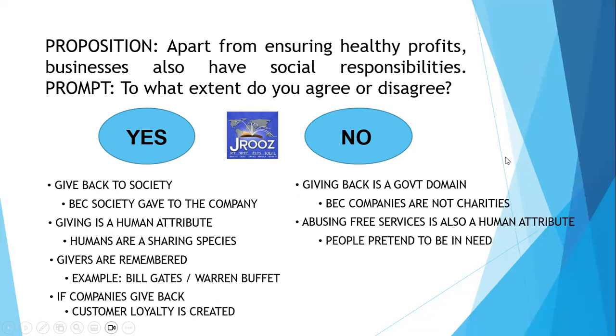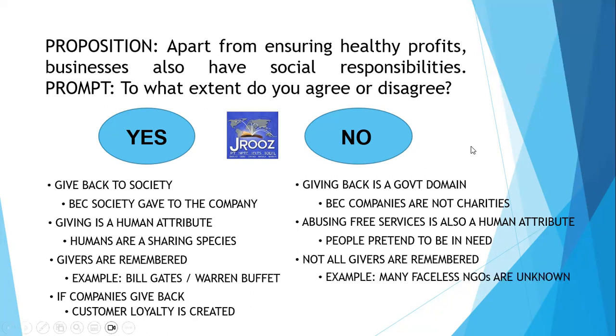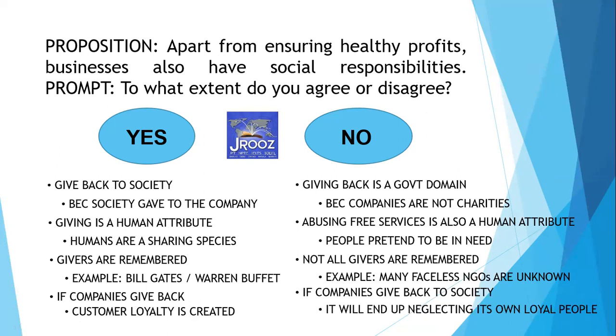So people pretend to be in need. And not all givers are remembered. For example, that's a question. Could you give an example? Many faceless NGOs are unknown. And then hypothetical, if companies give back to society, it will end up neglecting its own, its loyal people.